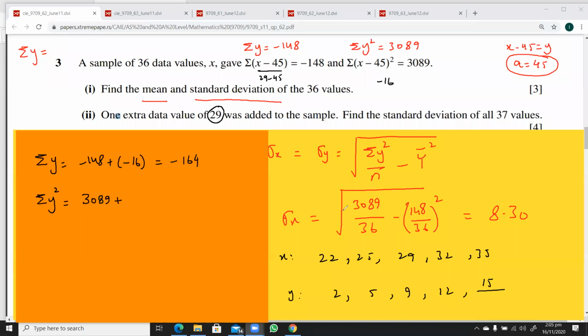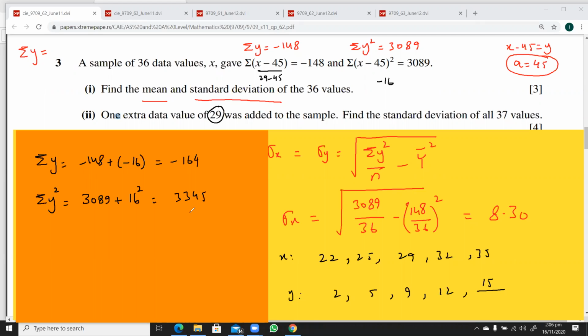So we have to add this new value, which is 16. I'm not writing minus 16 because this has to be squared, okay? So then this has to be 3089 plus 16 square. So this is 3,345. That is our new sigma y square.